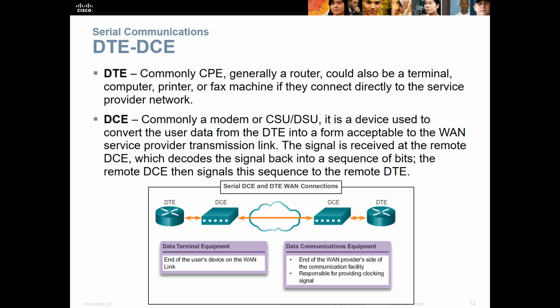The DCE is commonly a modem or a CSU/DSU unit, and it is the device used to convert the user data from the DTE into a form acceptable on the WAN. Typically, the DCE controls the clock.